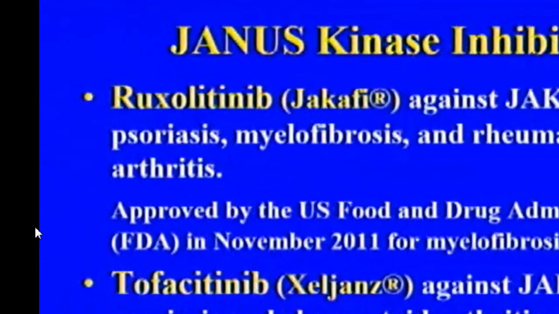Tofacitinib is used for rheumatoid arthritis, approved in 2012. Erlotinib is used as a tyrosine kinase inhibitor in certain types of lung cancer. So these are important drugs that we sometimes have to use. But you have to know about them, because if you have toxoplasma in the retina, you can have bilateral toxoplasmic retinitis.